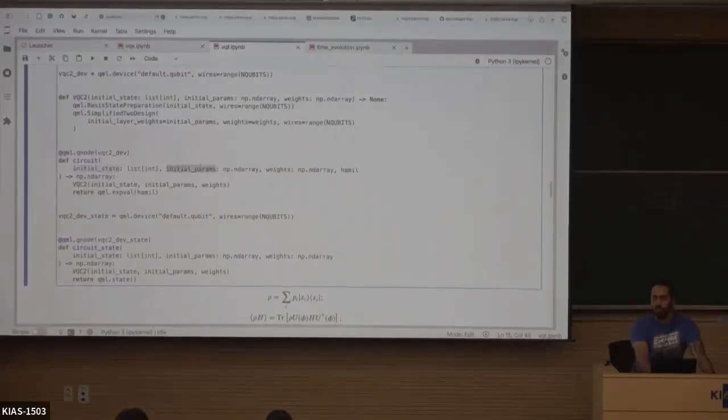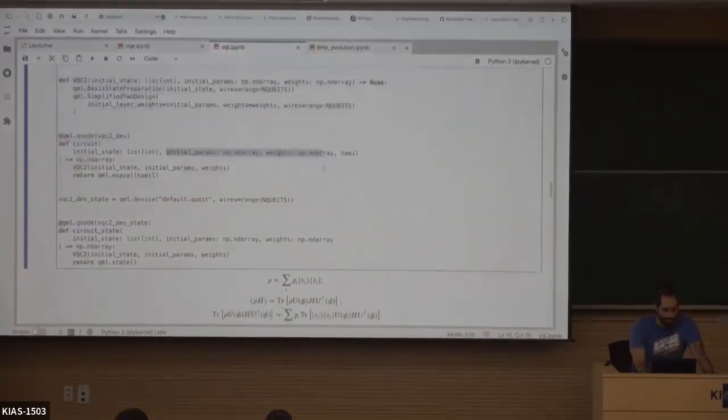Initial parameters is my trainable parameters. I'm going to give it from here. And weights are trainable parameters as well. For some reason, I defined them separately, but you can define them together as well. These are both trainable parameters of my circuit. And that's it.